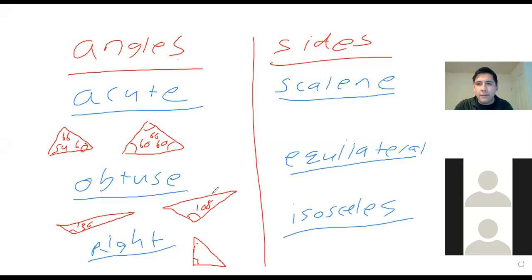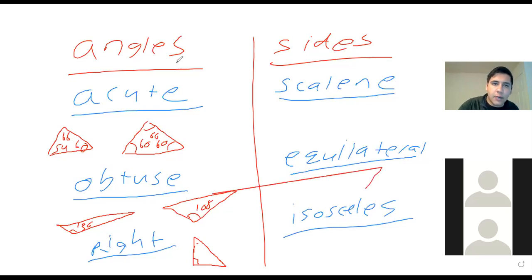Then we also have 3 types of triangles based on the sides. And of course, some of these can be the exact same thing. Scalene can also be acute, or it can be obtuse. It just depends. Let's start off with an equilateral triangle.